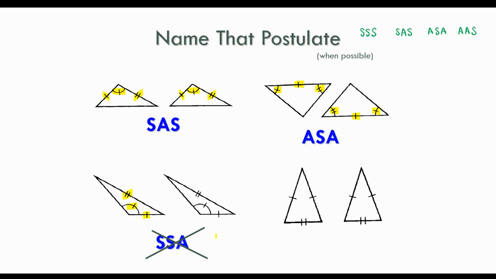So this one I would say, let me write out with a pen, this one is not possible. Okay, if we look at this last picture here, notice that we've got a set of sides, another set of sides, a third set of sides. So this one is side, side, side.